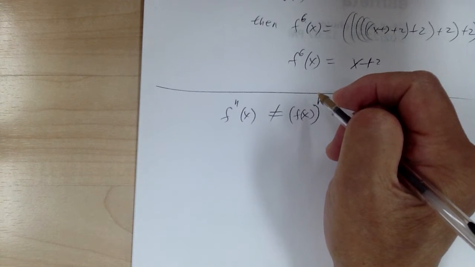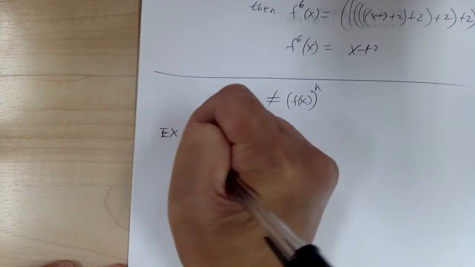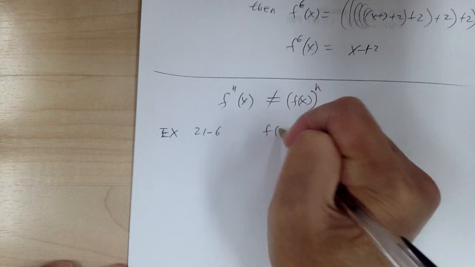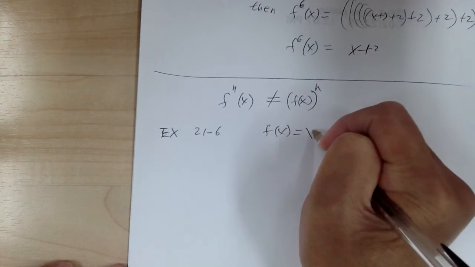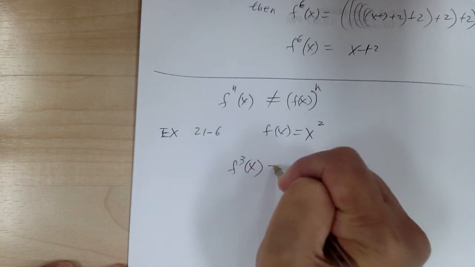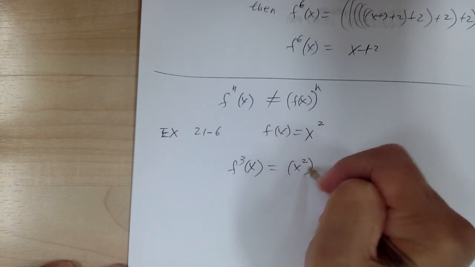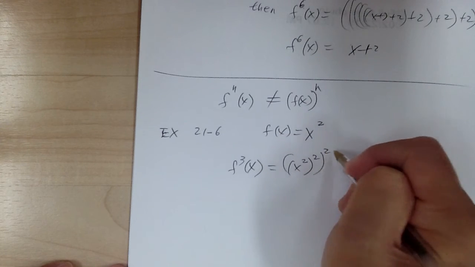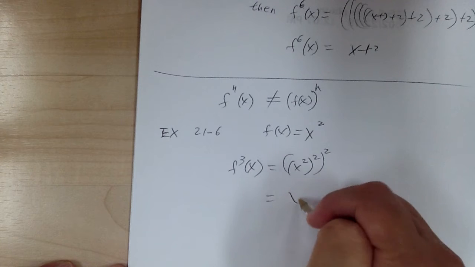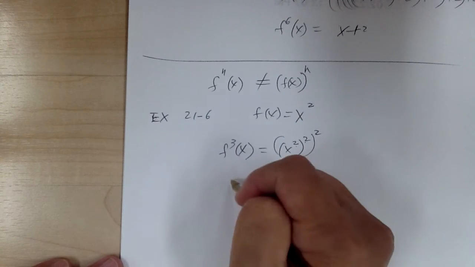An example of that is in example 21-6. So let's say f of x equal to x squared, then f3 of x will equal to x squared squared, so 3 times. So this will equal to x to the 2 times 2 is 4 times 2 is 8.